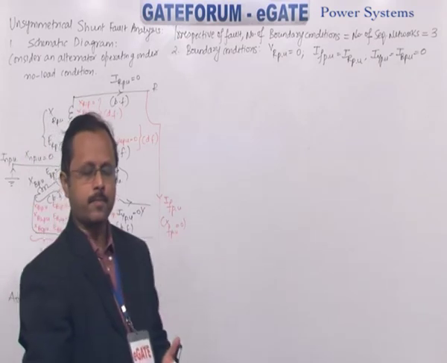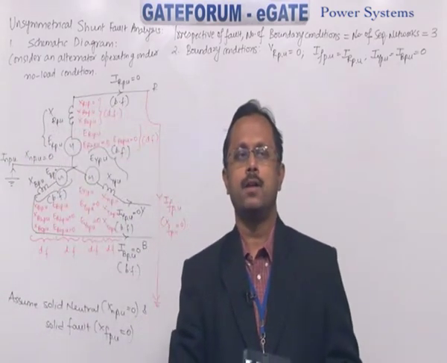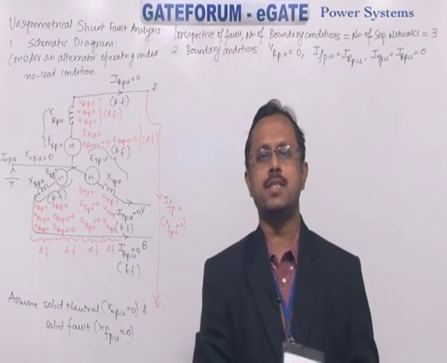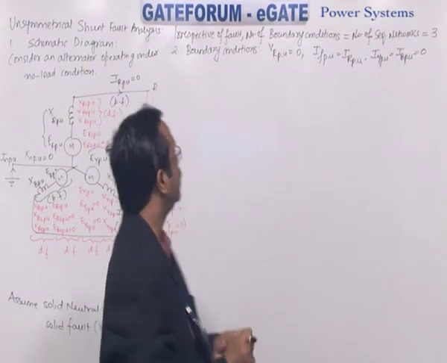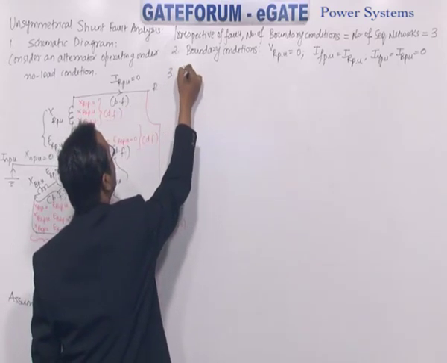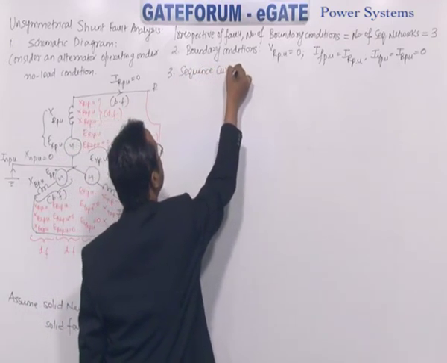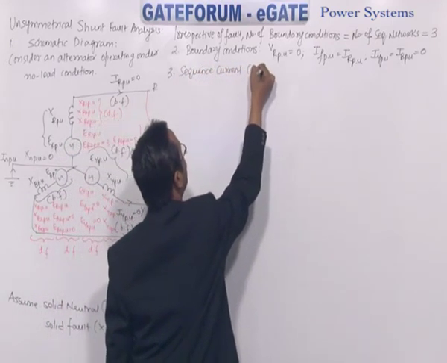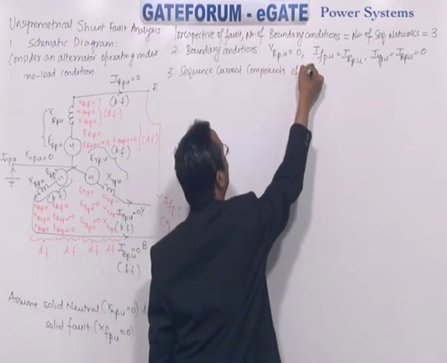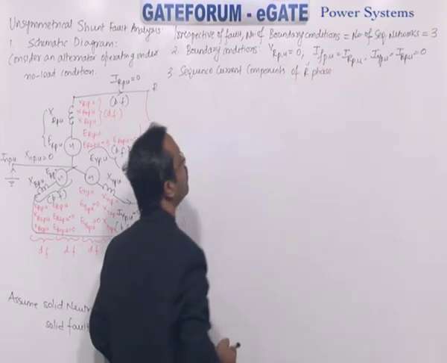Now we check. The fault is involved with R phase. So what are the sequence current components of R phase? The third thing we calculate is the sequence current components of R phase.